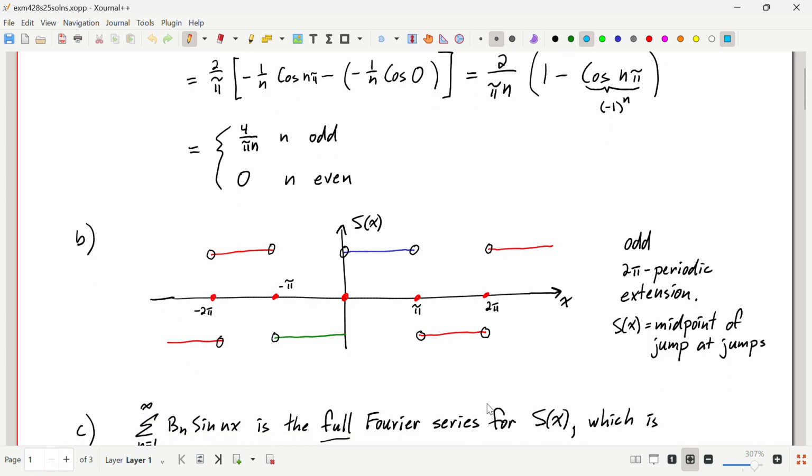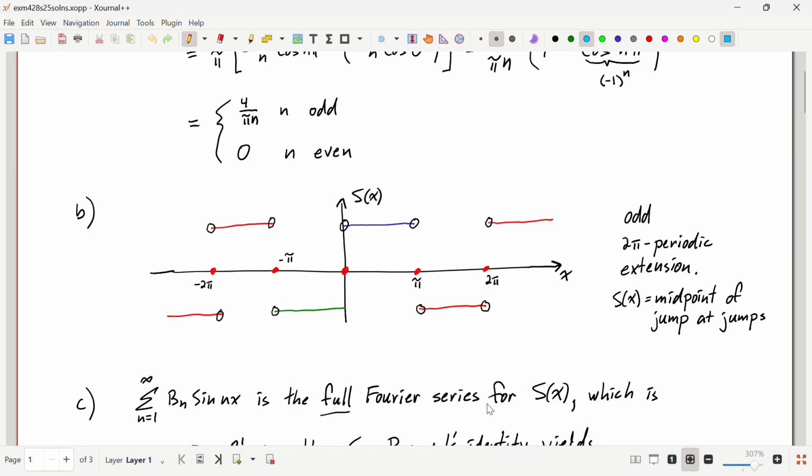But then the next question was, this is how we figured out the relationship between full Fourier series and sine series. We realized that if you take the function and take the odd extension of it from minus pi to pi, and then take the 2 pi periodic extension of that, then you get what that series converges to on the whole real line. And then you realize that series is the full Fourier series for that function right there, the odd periodic extension.